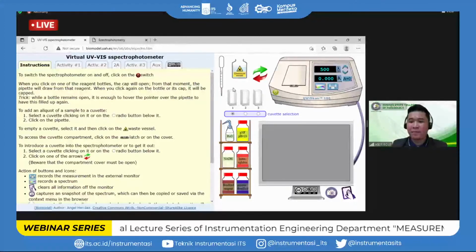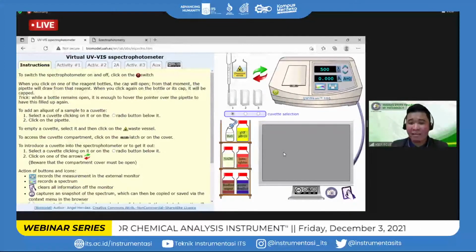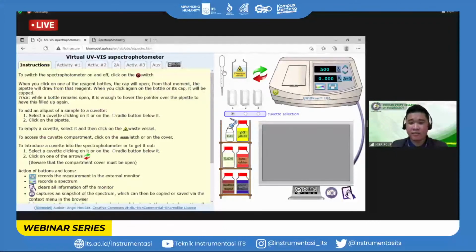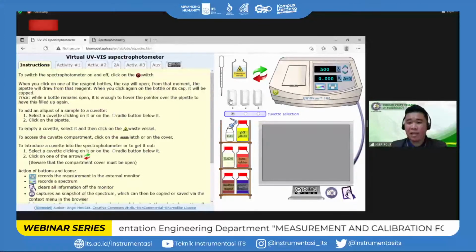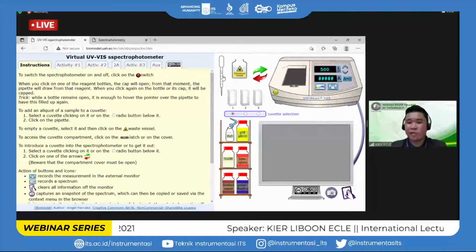Say for example, in the first cuvette, you pour 3 ml water. When you run the blank solution, you can only use water here because this is the only available blank solution in the virtual lab. Then you transfer the cuvette into the sample compartment.